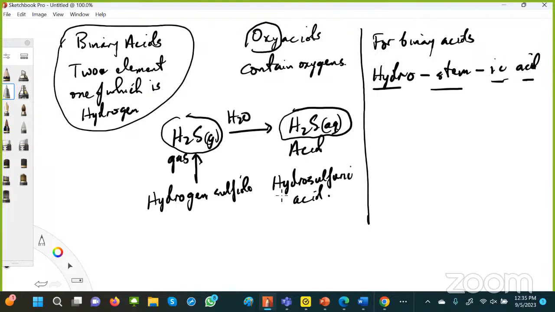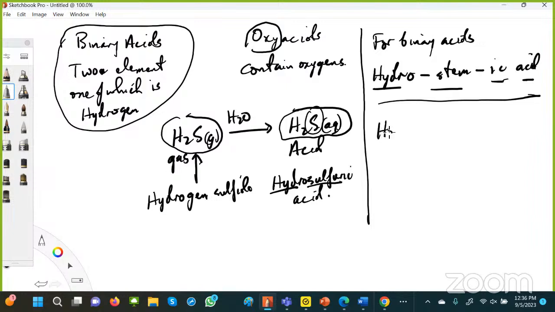Okay. So as you can see in this example, how I named this follows the rules that I just mentioned. Hydro, then sulfur, which is basically the name of the other element, and then it ends with ic acid. So that's one example.